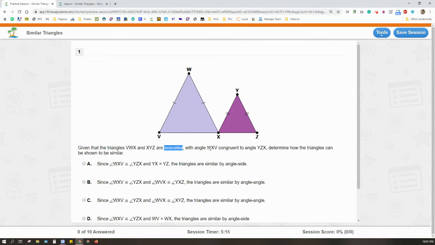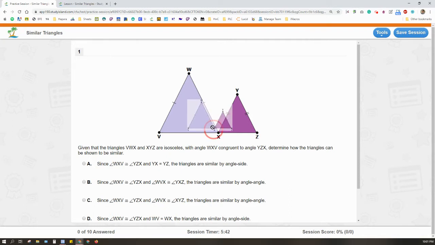So with angle WXV congruent to angle YZX, what angle is that? Why is it three letters? When they tell you three letters, start at the first letter, go to the second one, then the third one. You'll see a little apex on the middle letter, and that's the angle they're talking about. So when it says WXV, if I start at W, I go to X, and then V, what angle did I just create?